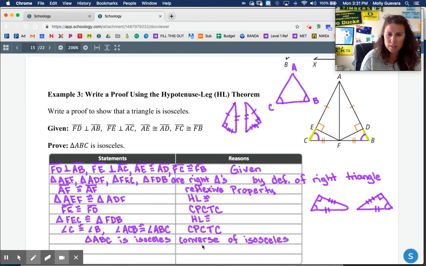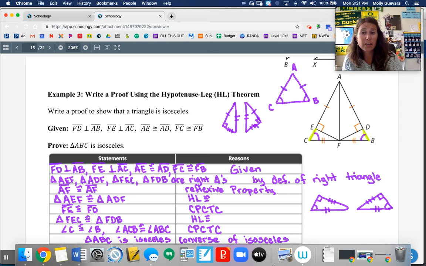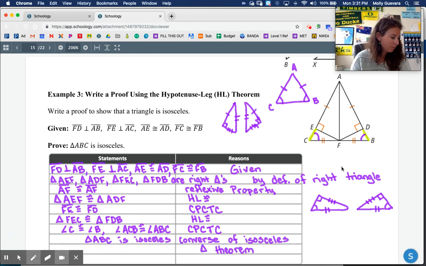Converse of isosceles triangle theorem. 4-2, which says, hey, if these two base angles are the same, then these two side lengths are the same. And the triangle is isosceles.